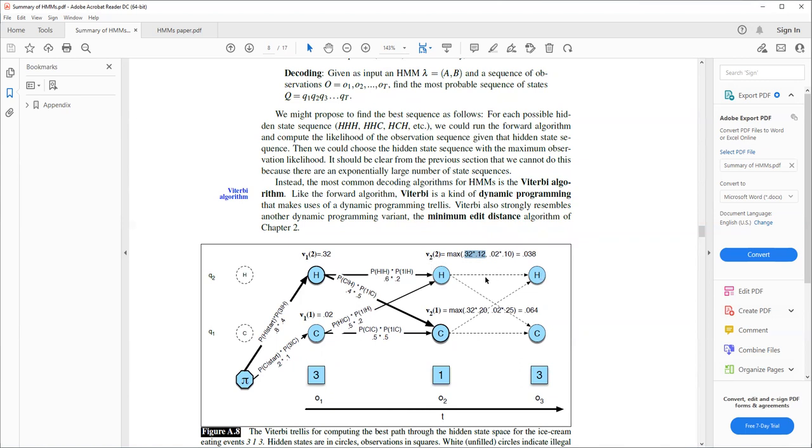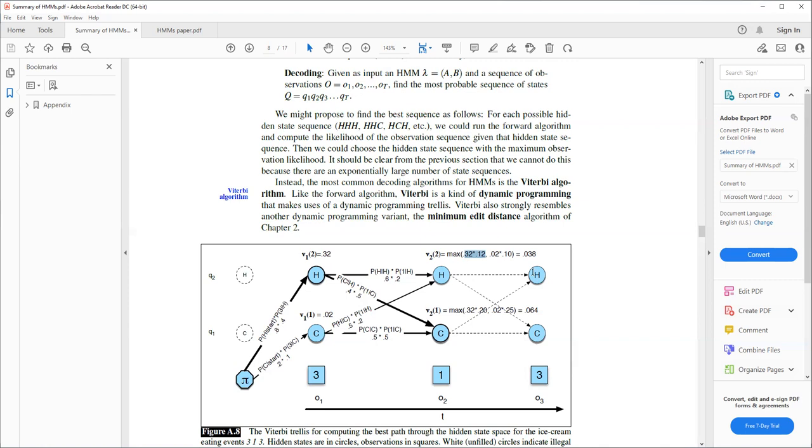For this value, again, we need to use 0.038 multiplied by the probability of moving from hot to hot multiplied by the probability of observing 3 in hot. That is the cost of this path. The cost of the other path is V21, which is 0.064, multiplied by the probability of moving from cold to hot, probability of hot given cold, multiplied by the probability of observing 3 in hot, right?